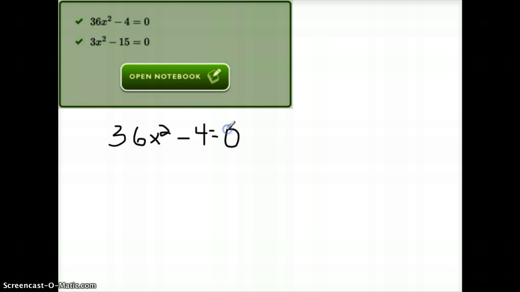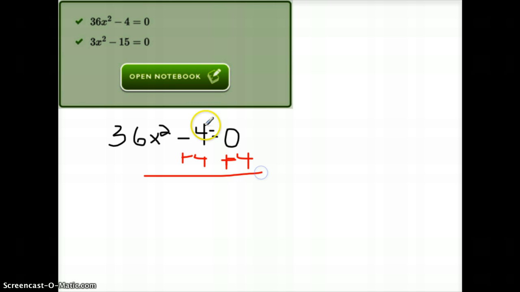Now the first thing here that we want to do is get that x by itself. So I'm going to do that by adding 4 here and adding 4 here. That's a plus. Adding 4 to both sides.